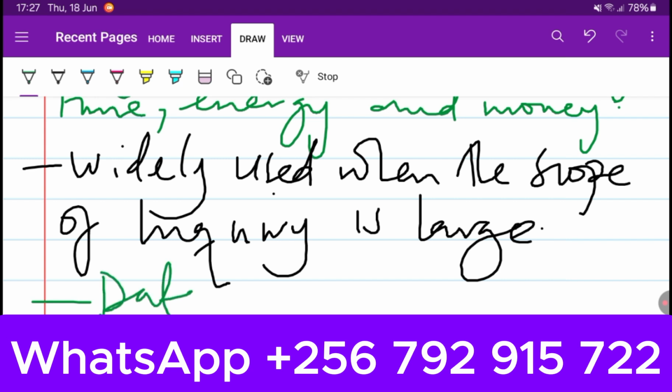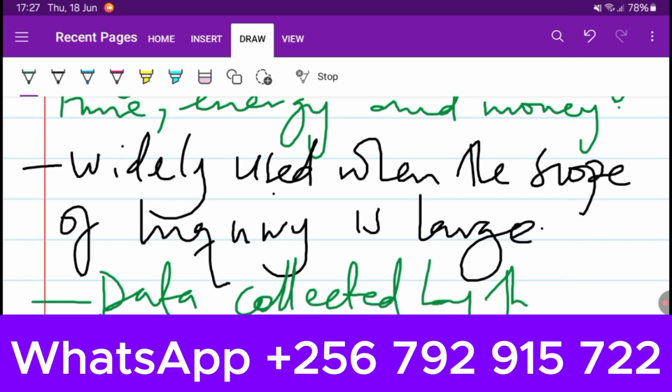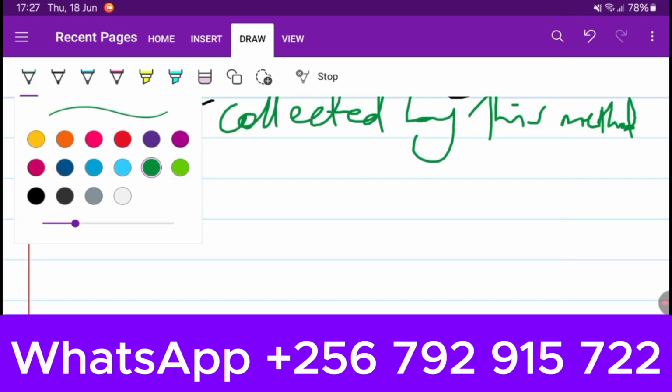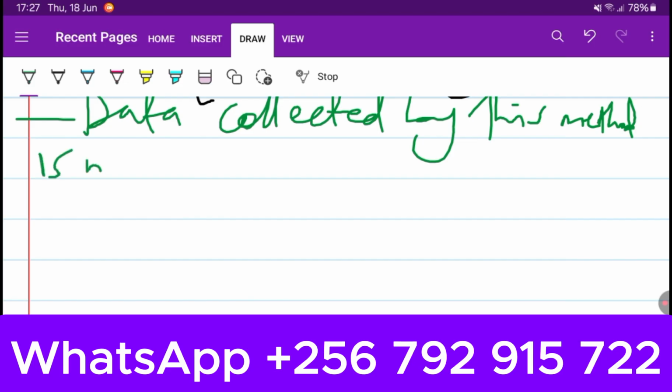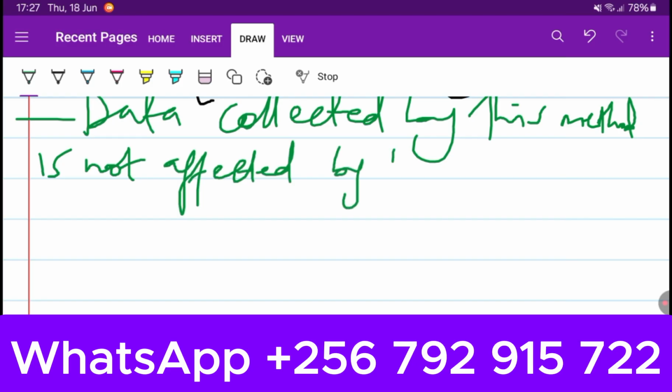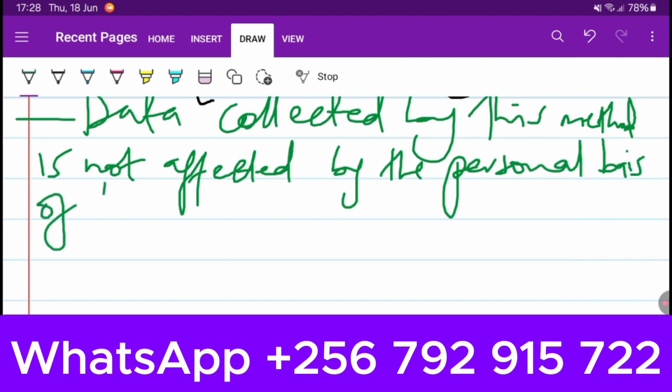Data collected by this method is not affected by the personal bias of the researcher, because I could be gathering information, and maybe I just look at someone and I be biased about the person, maybe depending on how the person dresses.